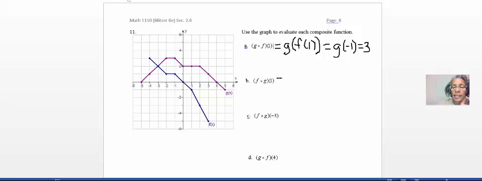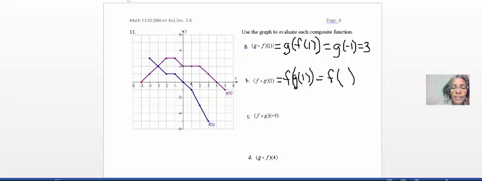All right, let's look at f of g of 1. I'm going to take 1 and put it into g. That means I'm going to find the y-coordinate on g of the point whose x-coordinate is 1. And whatever that is, I'm going to put it into f. So let's use the graph to find out what g of 1 is.